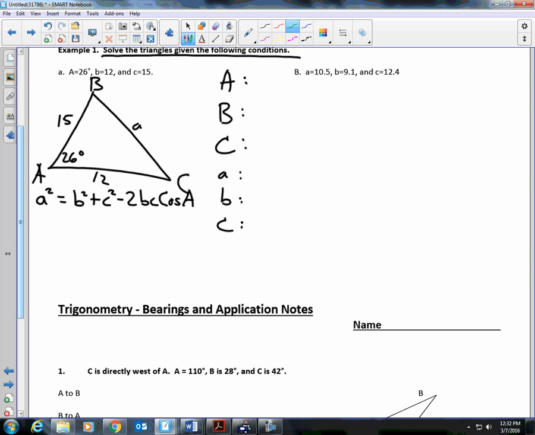You can just plug this straight into your calculator. You don't really have to do any simplifying. Your calculator understands that order of operations. So we have A squared is equal to 12 squared plus 15 squared minus 2 times 12 times 15 times the cosine of 26 degrees.